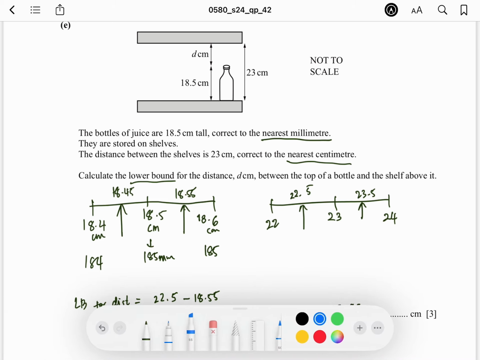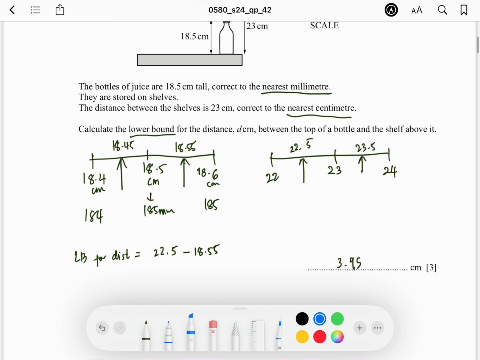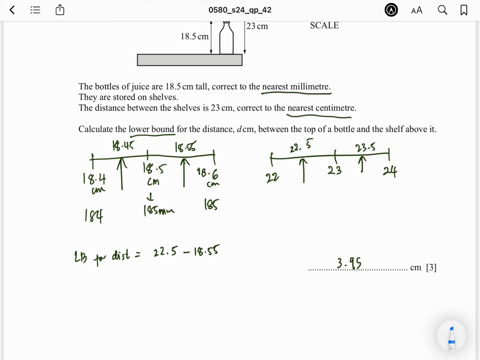Okay? Any marks, any working after you find any of these, and then ada kamu minus, taking into account which one, satu markah. Walaupun salah. So contohnya, instead of 22.5 minus 18.55, dia buat 22.5 minus 18.45.